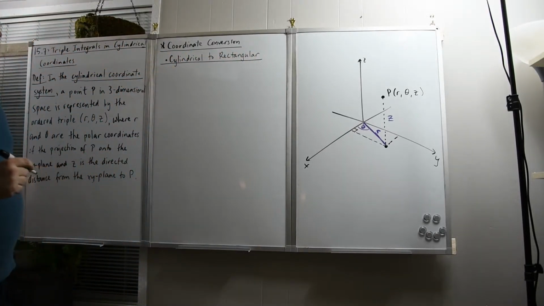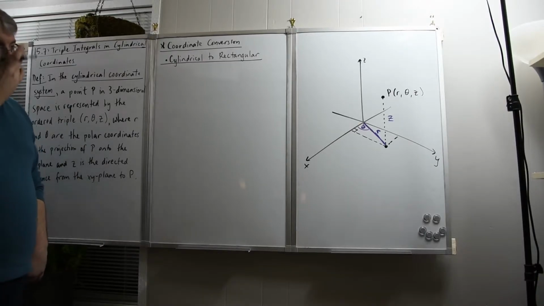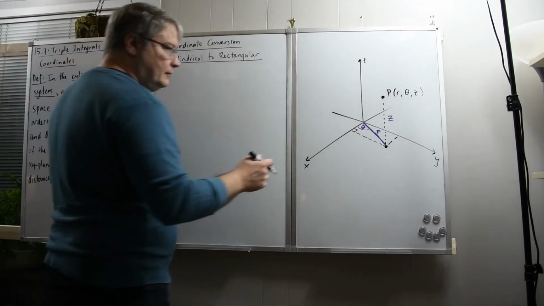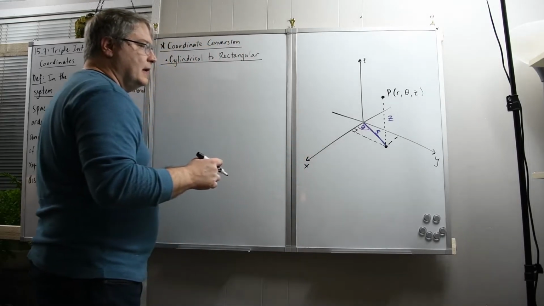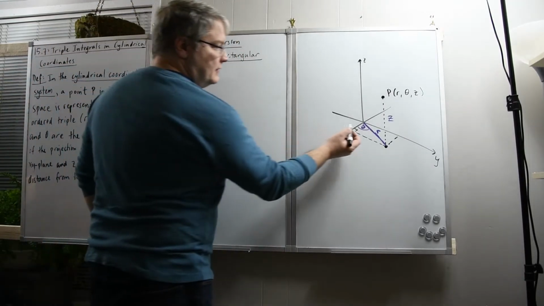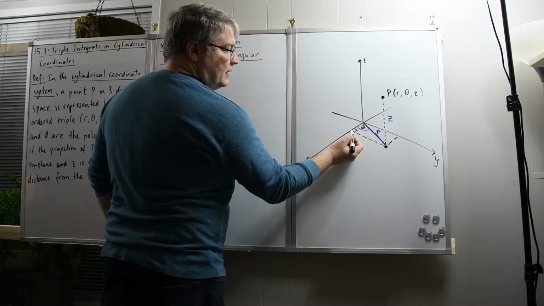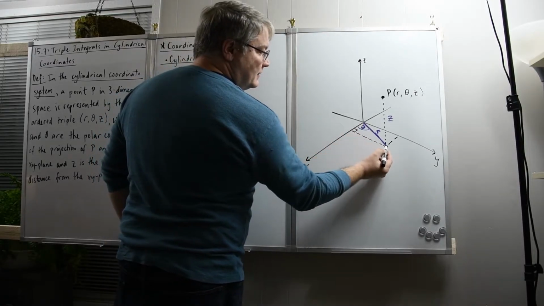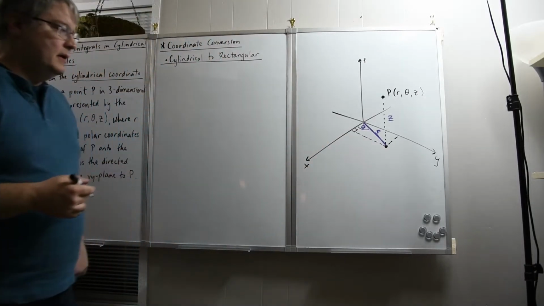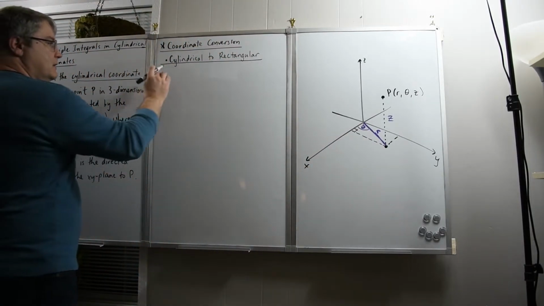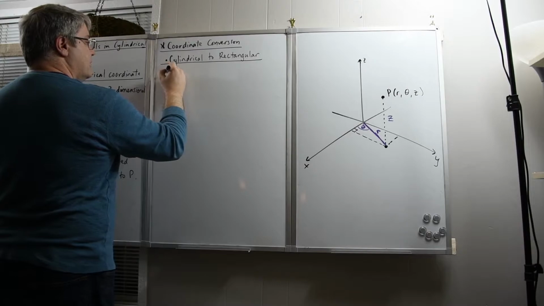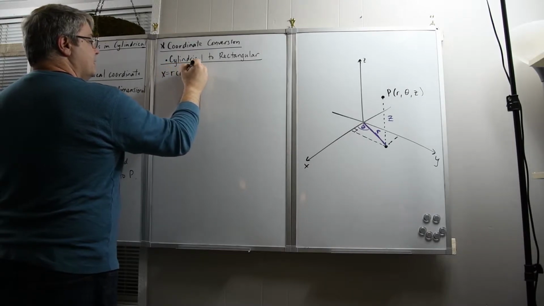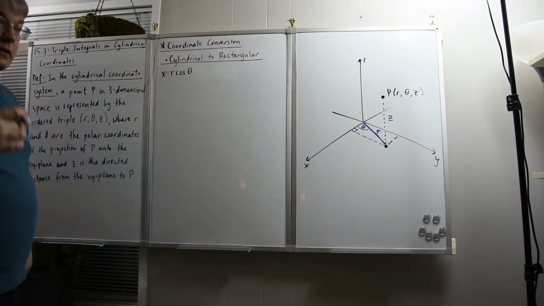So if we're going from cylindrical to rectangular, we're going to know r, theta, and z. If this distance from here to here is x, then we know that x is the same thing as r cosine theta. And if this distance is y, we know that y is equal to r sine theta. So these are familiar equations that we saw when looking at conversions from polar to rectangular.